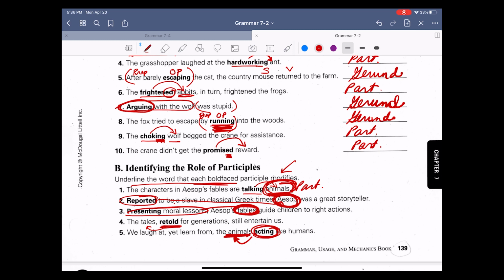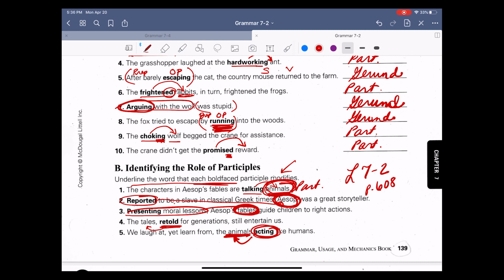Now, what I'd like you to do for your assignment is I'd like you to go to the back of the book and do lesson 2. So you're going to do lesson 7-2, page 608. The instructions are on page 607.